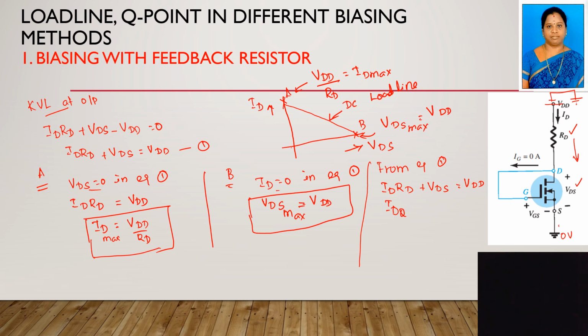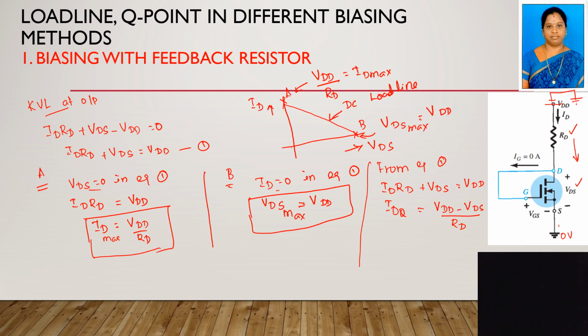After applying KVL at the output side, in that equation, ID is nothing but the IDQ, which is equivalent to VDD minus VDS by RD. So, this is your IDQ.